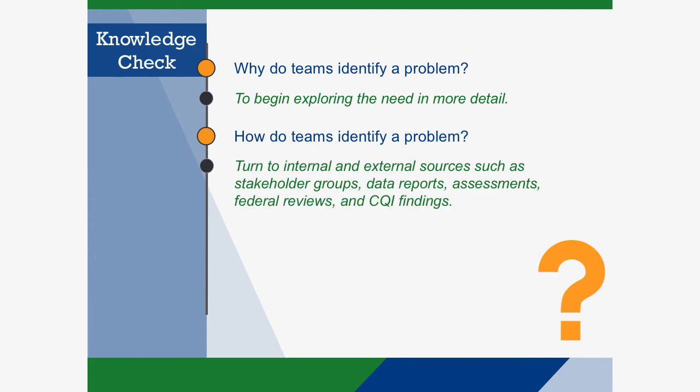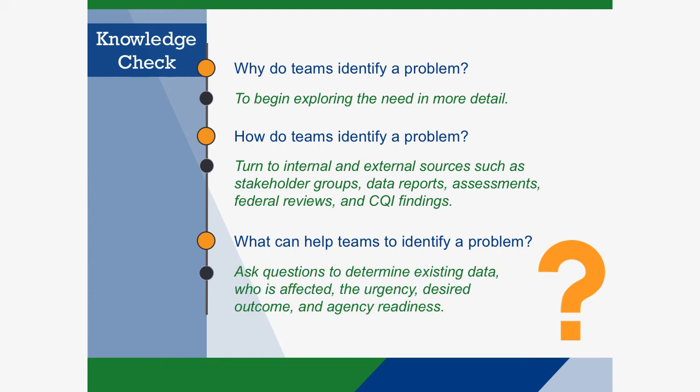Teams turn to internal and external sources such as stakeholder groups, data reports, assessments, federal reviews, and CQI findings. What can help teams to identify a problem? Asking questions to determine existing data, who is affected, the urgency, desired outcome, and agency readiness.